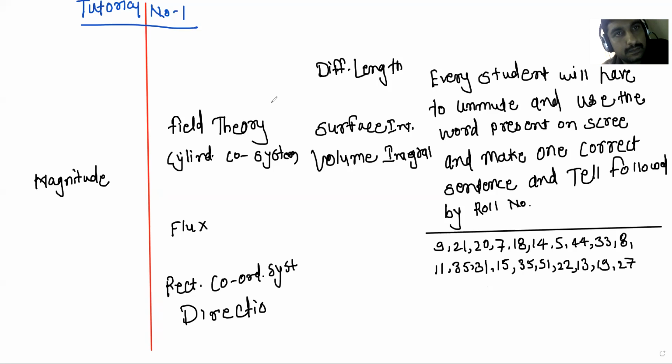Who is this? Ram Vijay Gadge. Yes, please. Your attendance will not be marked until you prepare one sentence on those words. Very few words are remaining on the board now.